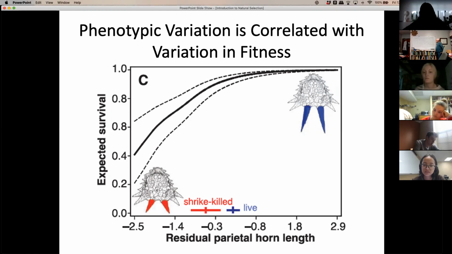Variation in fitness. Yeah, if everybody survives and reproduces, then there's no variation in fitness. So once again, there's no basis for selection. And so if any one of these things breaks down, you can't have evolution via natural selection. You might have evolution via some other mechanism, but not via natural selection.